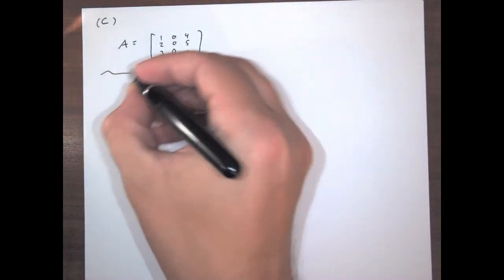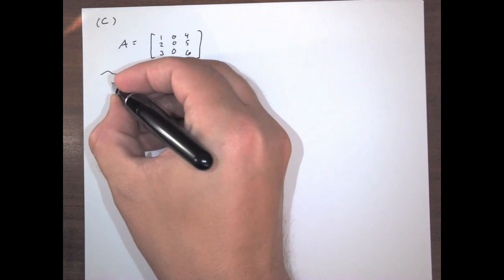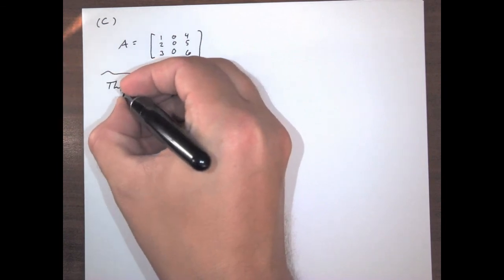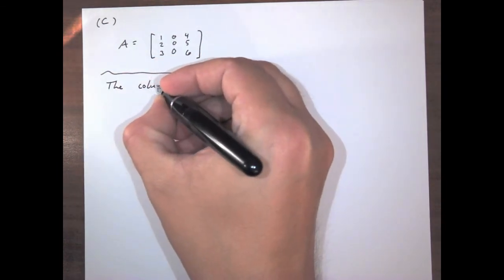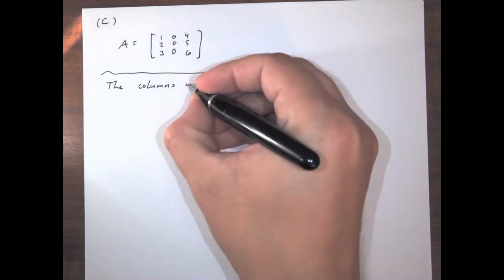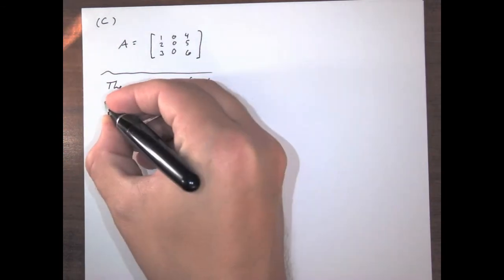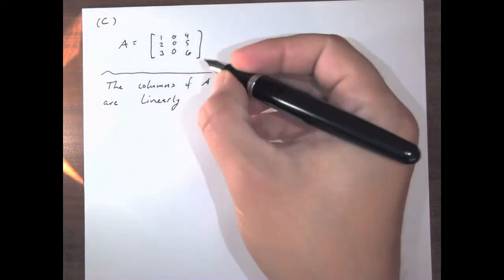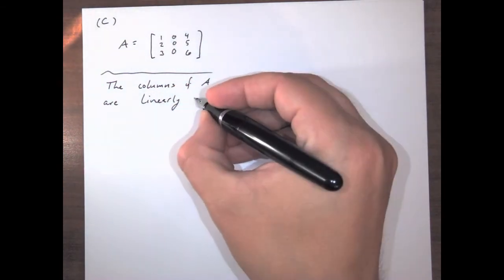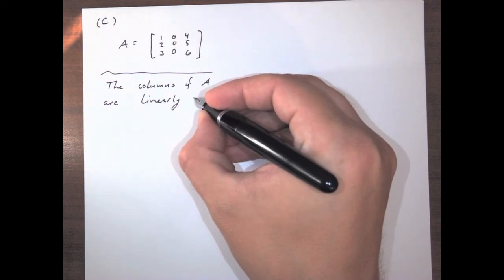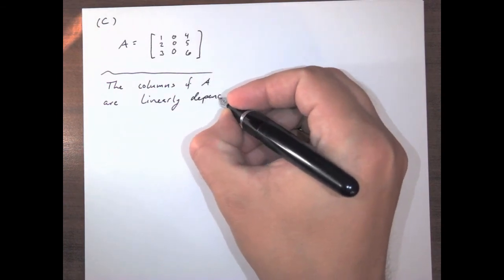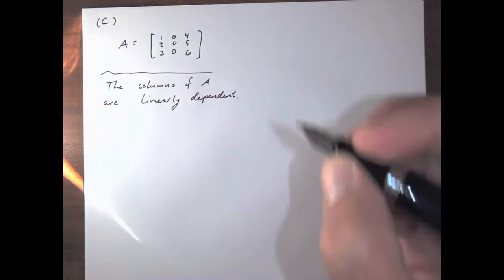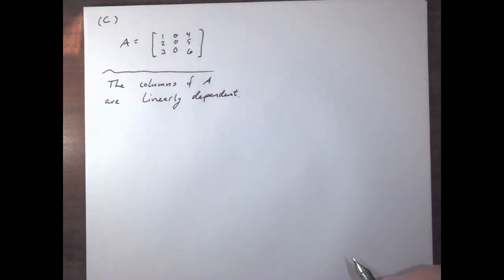So that means, because of the zeros, the columns of A are linearly dependent, which means, because this theorem works both ways, if they're all true together, they're also all false together.